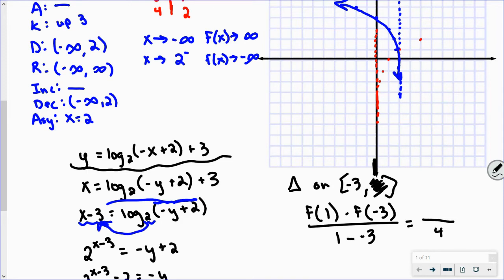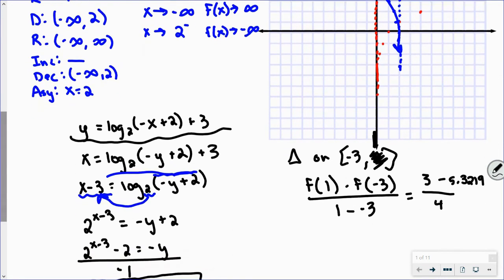F of 1, so log base 2 of negative 1 plus 2, plus 3, is 3 minus negative 3, which was just off my graph. So a negative 3 would be a positive 3. And that's about 5.3219. Okay, and then I'll subtract those and then divide by 4.